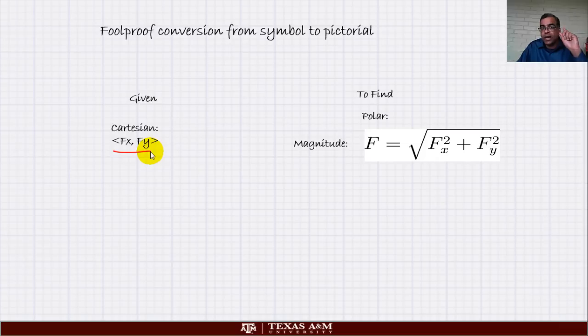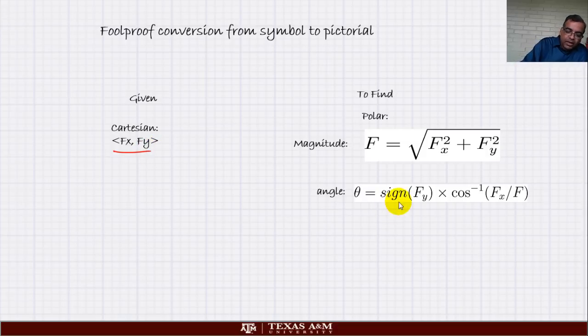And the method that I am going to tell you, remember I always tell you royal road, right? That means method that always works is this. The angle is given by, take the sign of this. Sign means whether it's positive or negative. So notice that's what this means. Times cos inverse of fx over f.